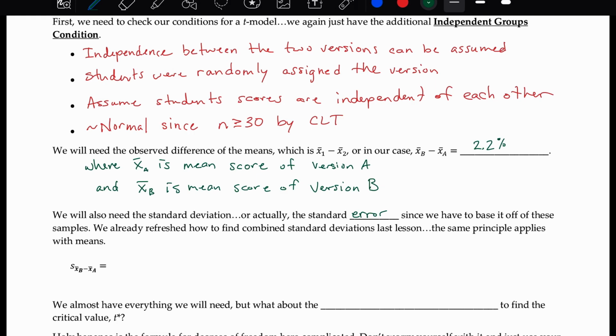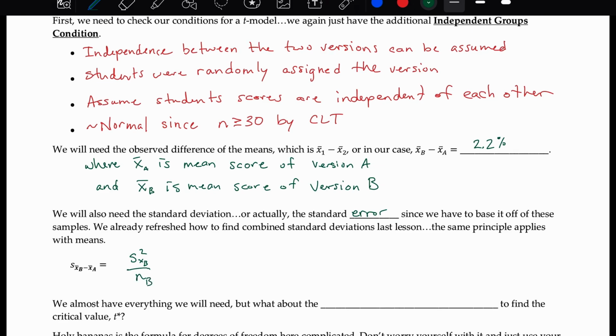The variance in this case is s sub x sub b squared over n sub b plus s sub x sub a squared over n sub a. You'll notice that those are each the square of the standard errors that we usually perform here. And then we take the square root of all of that.